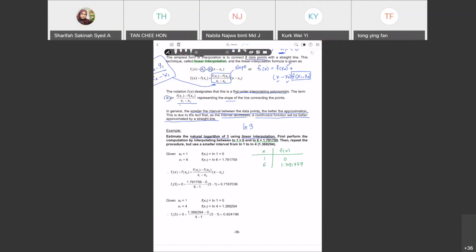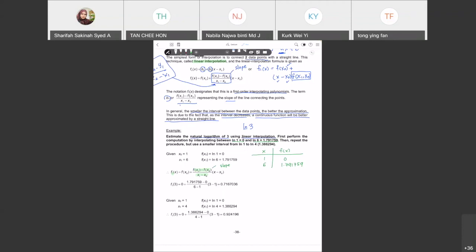Then you want to put into your formula for linear interpolation. So you have f1(x) equals f(x0) plus the slope, which is this, times (x minus x0). How do you calculate the slope?